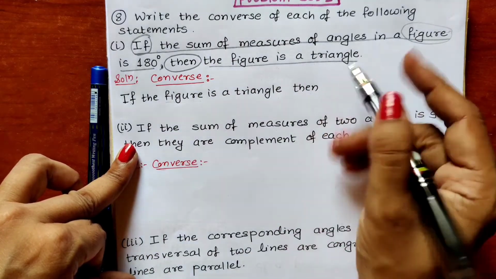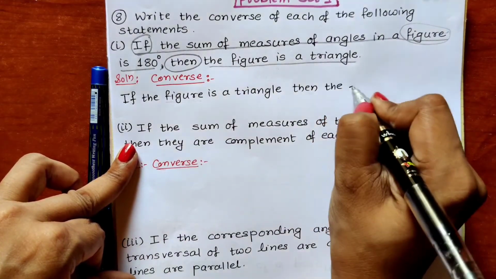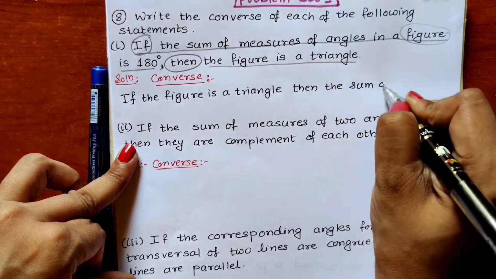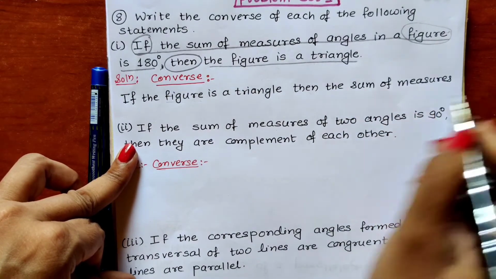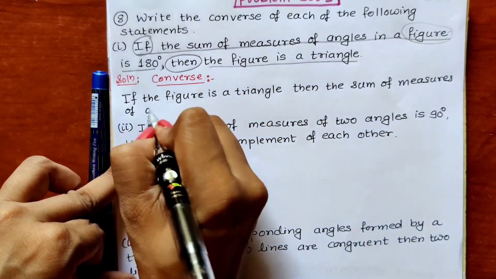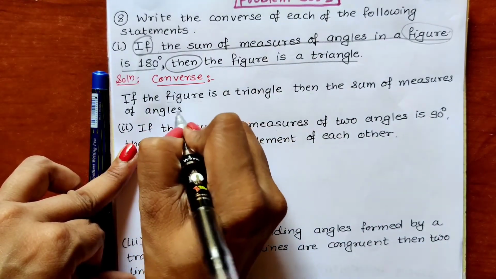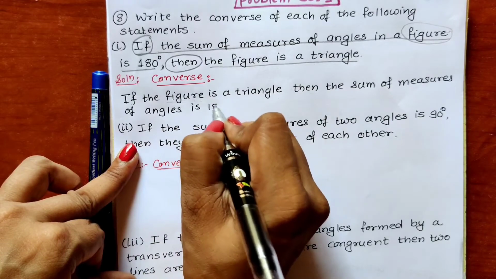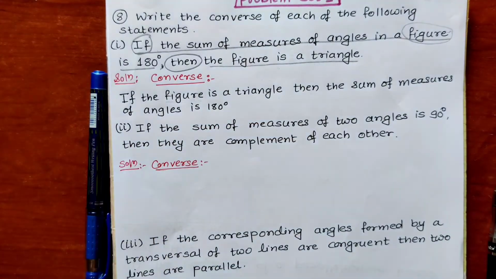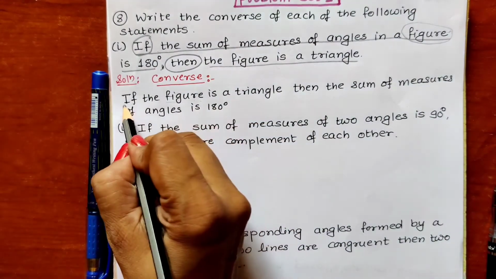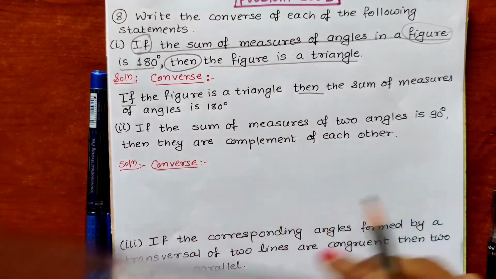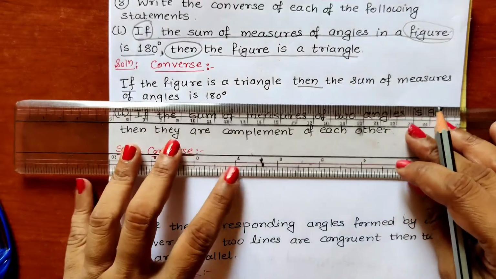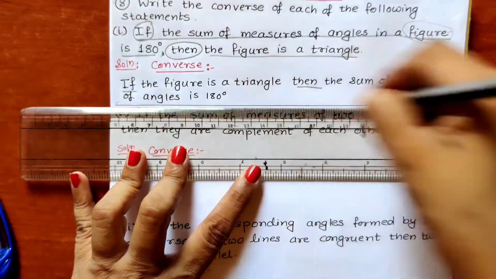Then the sum of measures of angles is 180 degree. In this way we have to write the converse. Okay, we have to interchange. Very easy. Writing converse is very easy. We have to interchange the parts of the statements.